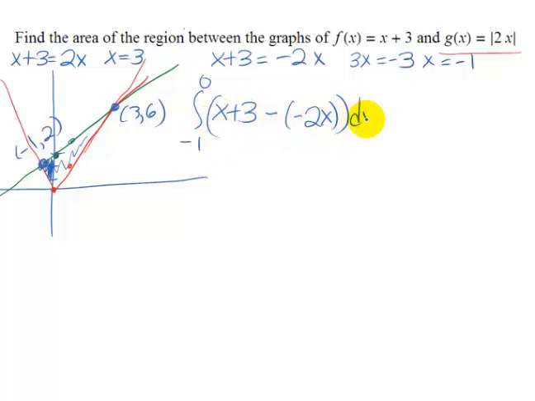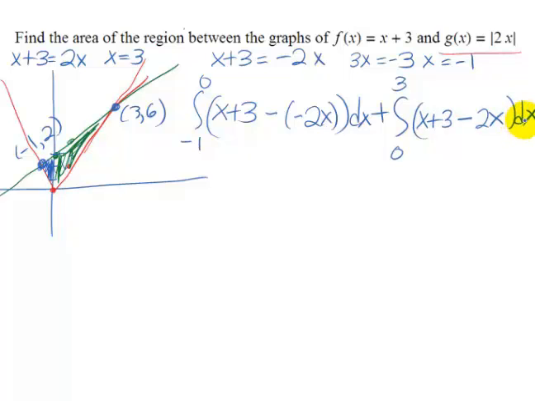And then we have dx, and then we're going to add to that integrating, so we're going to get this piece that's in quadrant 1, and so that's going to be integrating from 0 to 3, and we have our upper function, which is x plus 3, minus our lower function in quadrant 1, that's 2x, and then dx.